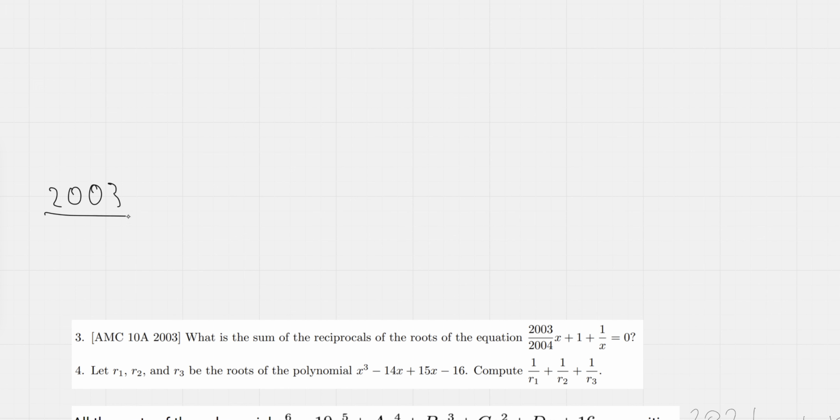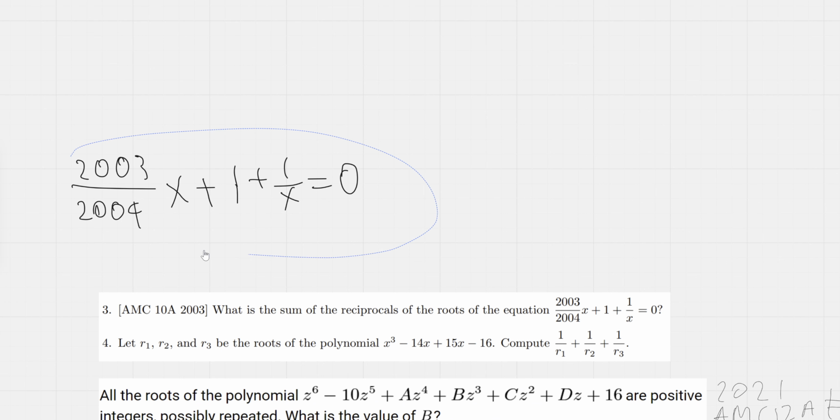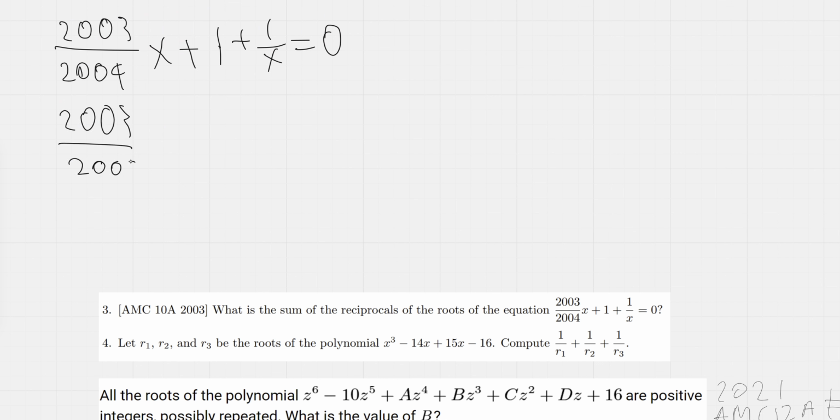Let's first try to simplify this into a form that we can probably handle much easier. First we can convert this into a quadratic by multiplying by x. So we'll get (2003/2004)x squared plus x plus 1 equals 0.